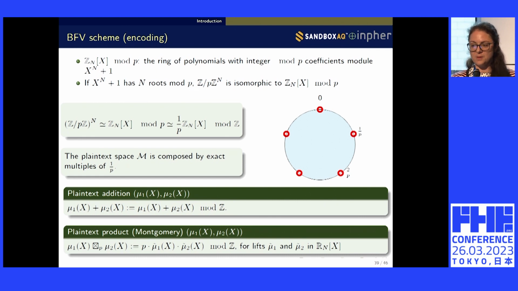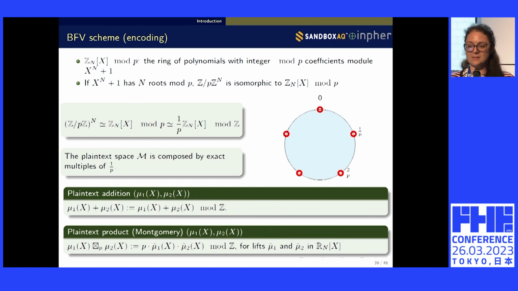That's the ring of polynomials with integer coefficients modulo p, and if X^N plus 1 has exactly N roots modulo p, we have this isomorphism property. In this case we can represent our plaintext space composed of the exact multiples of 1 over p. That means our new plaintext space will be the red points on the torus.